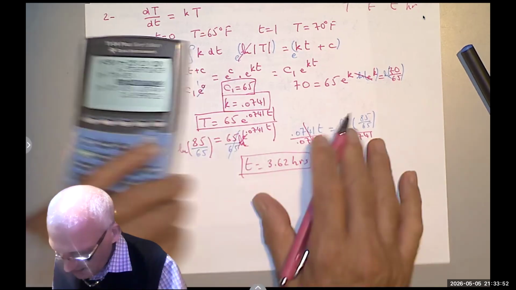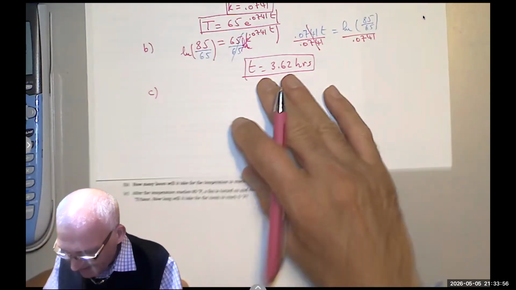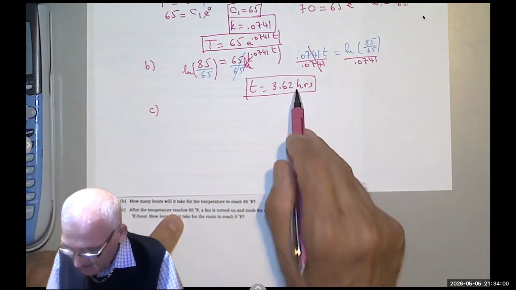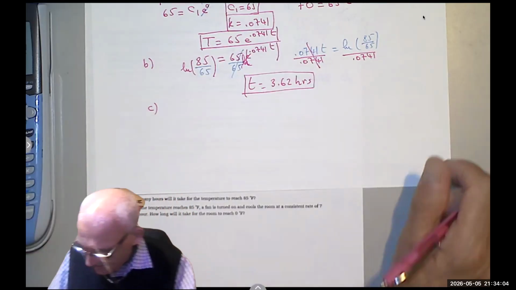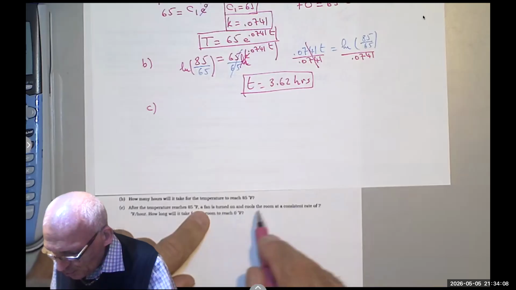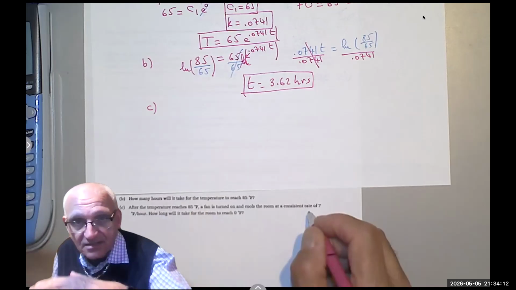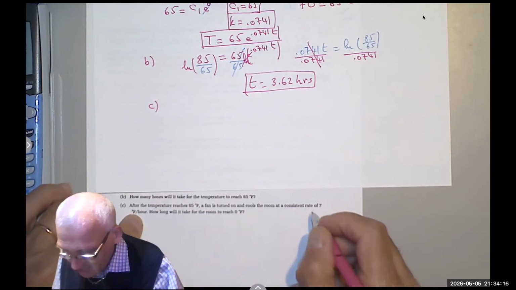Okay. What about part C? The last part says, after the temperature reaches 85, meaning after 3.62 hours, meaning roughly, what, 37 minutes, a fan is turned on and cools the room at a consistent rate, meaning constant rate of 7 degrees Fahrenheit per hour.